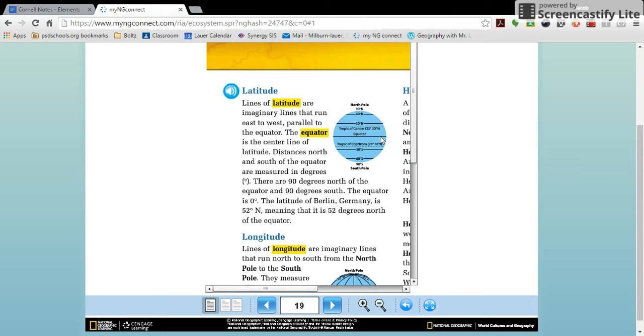And many of you probably know that on the real Earth, if you're near the equator, it's really hot. Distances north and south of the equator are measured in degrees. This little symbol right here is a shorthand for that word, degrees.